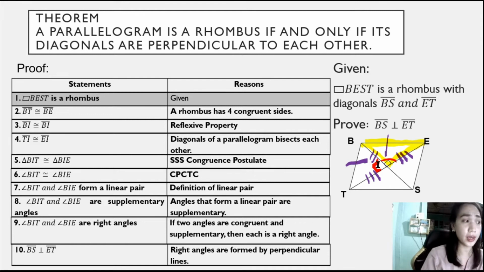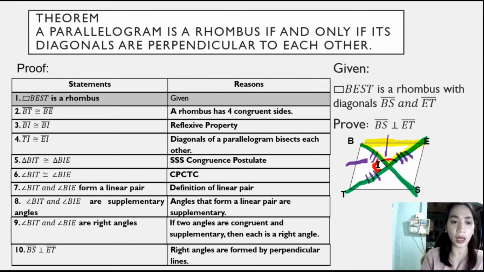So you can say that the side BS, or this diagonal BS, is perpendicular to ET. Okay? So, napakita na natin that they are perpendicular, or the diagonals of the rhombus are perpendicular. So, pwede na natin masabi that the parallelogram BEST is a rhombus. Okay?